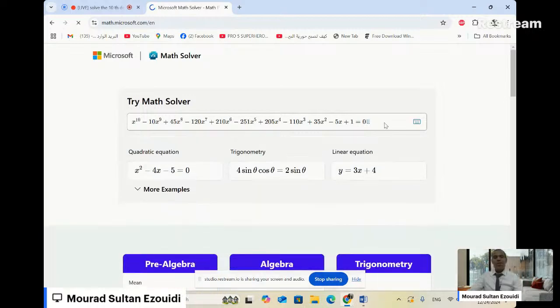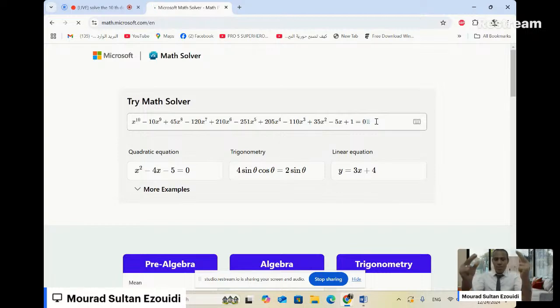Okay, he started solving. You see? So it is possible to do this kind of question.